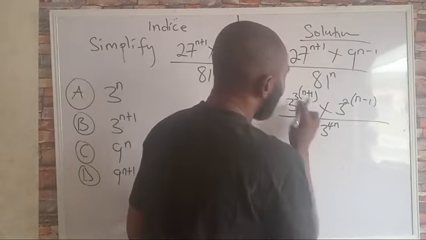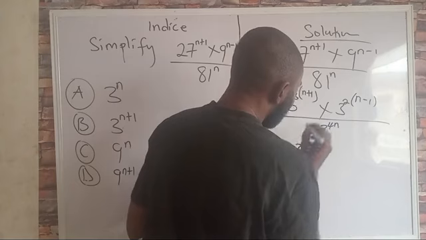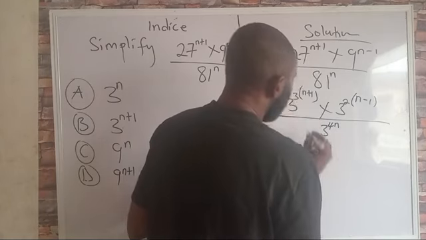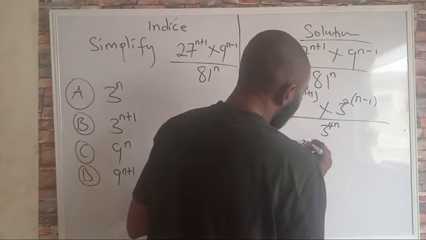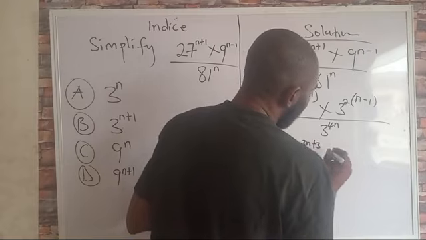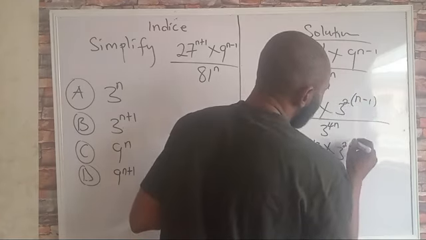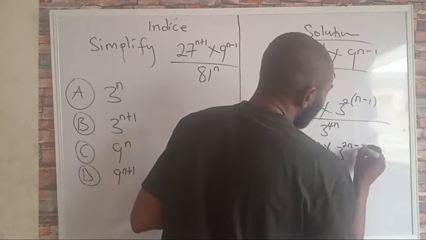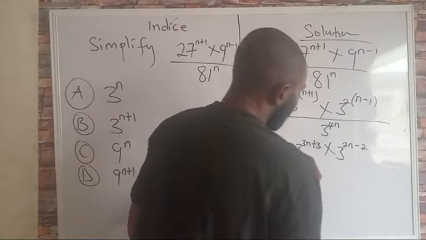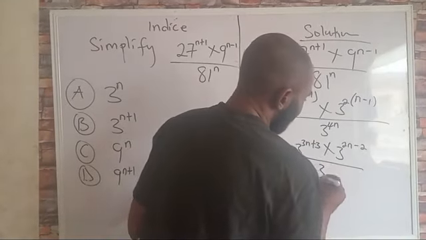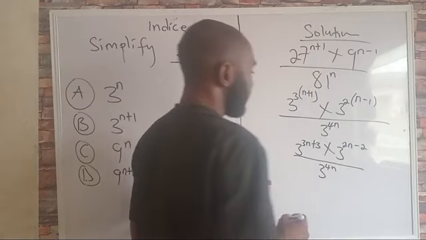Let me first of all open this bracket. I will have 3 as base, then 3 times this, that will give me 3n plus 3, and the same thing here, 2n minus 2, all over 3 raised to the power of 4n.